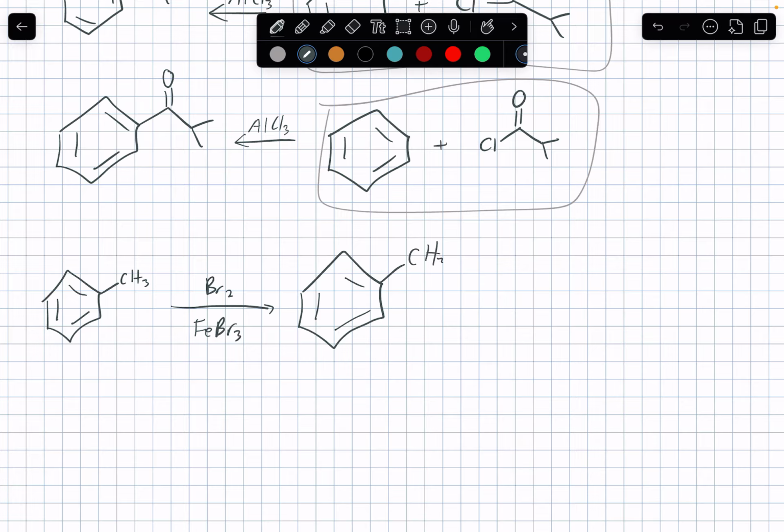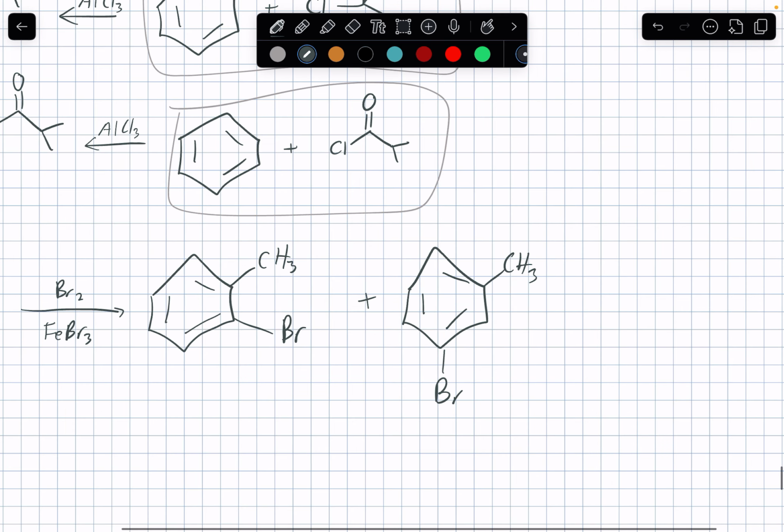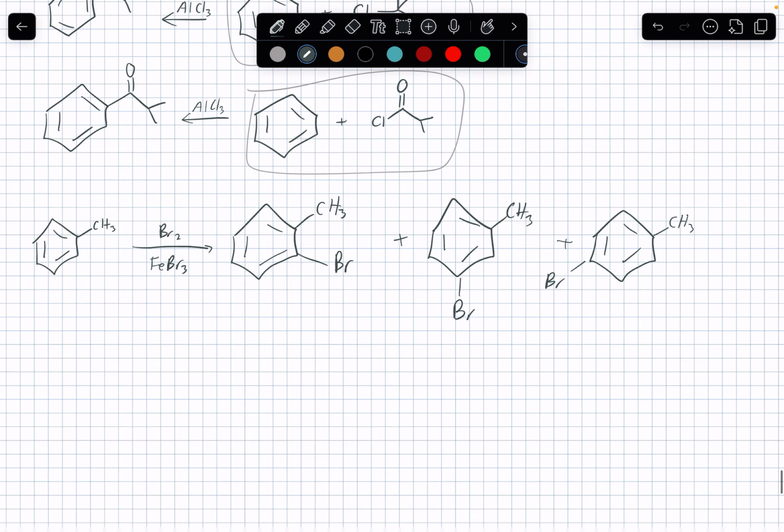We can draw this when we brominate. We can draw the product in these three ways. So in the ortho position, meta position, and para position.